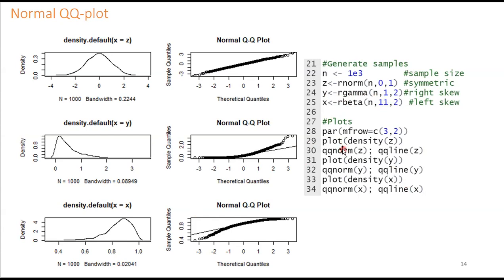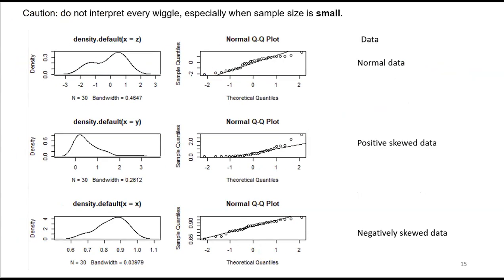Now, a caution: whenever we're interpreting plots, we always have to be very cautious when we have small samples. I'm going to show you in the next plot. When we have small samples, do not interpret every single wiggle as if it's actually meaningful.